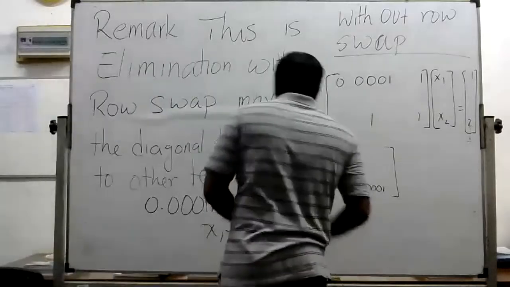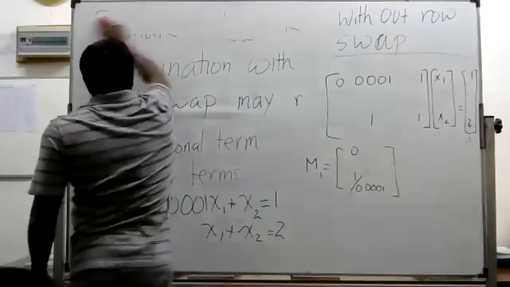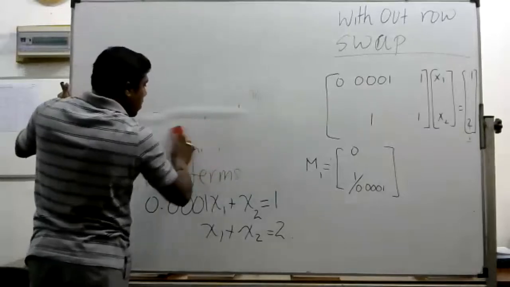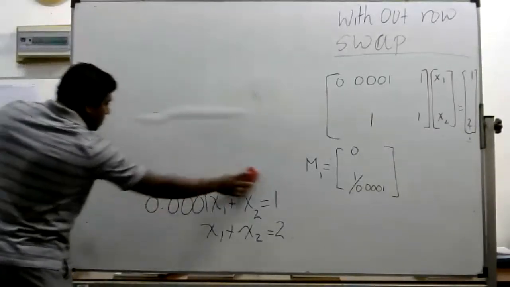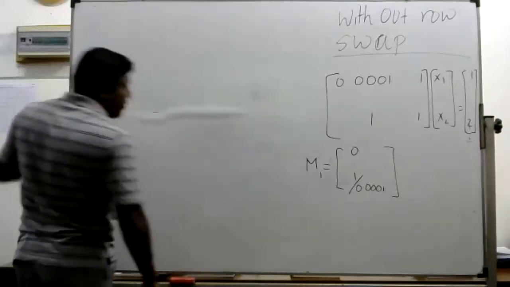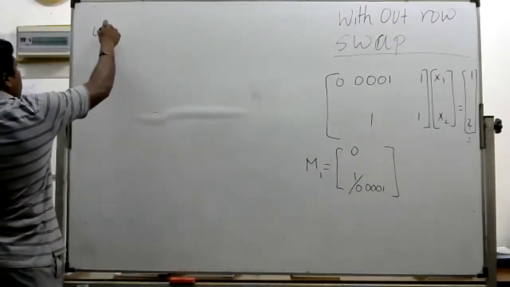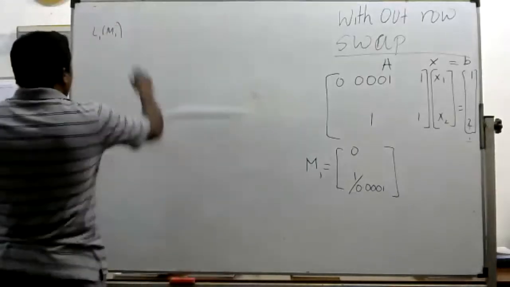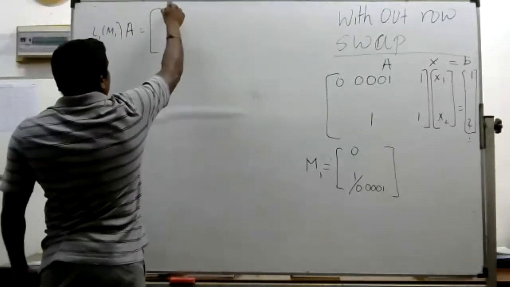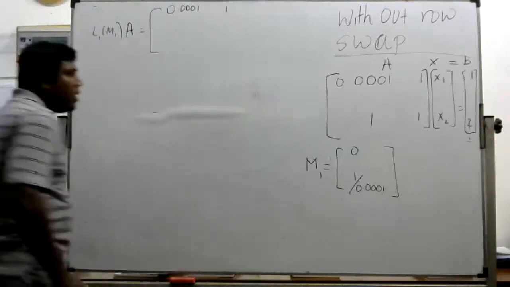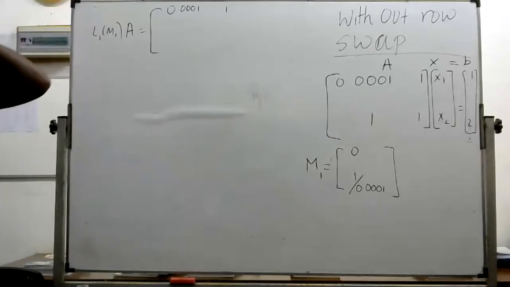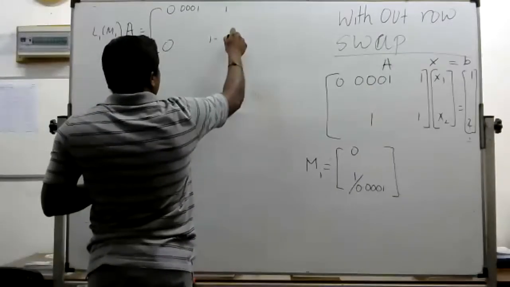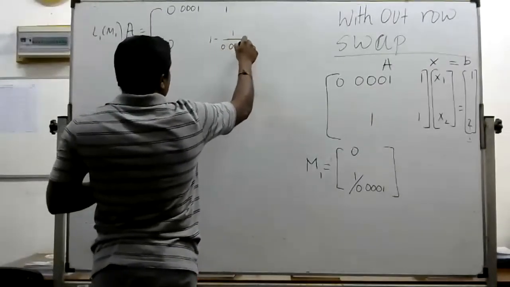So you can easily see that, with A x equal to b as your system, L1 M1 A will look like 0.0001, 1, and then 0, 1 minus 1 over 0.0001.